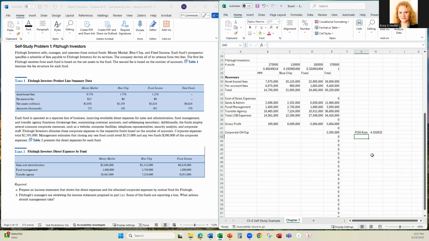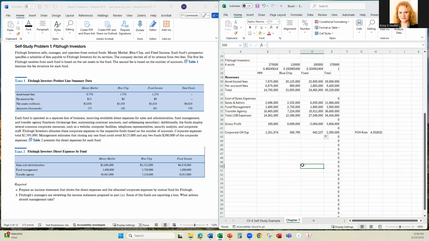Which gives us 4.552632 per account. And we multiply that times the number of accounts for each of these, and if I highlight this, it's giving me my total of 2,595,000. So I can see that that ties out correctly.